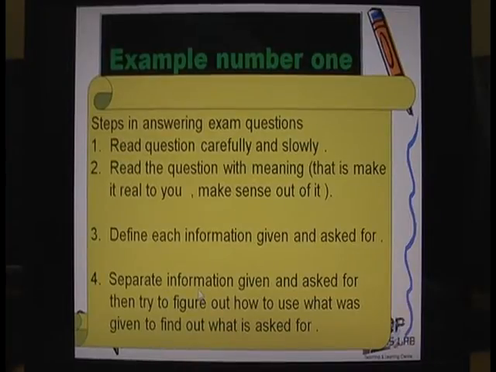Separate information given and asked for, then try to figure out how to use what was given to find out what is asked for. So these are the 4 steps you can follow in solving any exam question. So you're going to follow these 4 steps now for the other remaining questions we will be looking at. Okay, let's go.